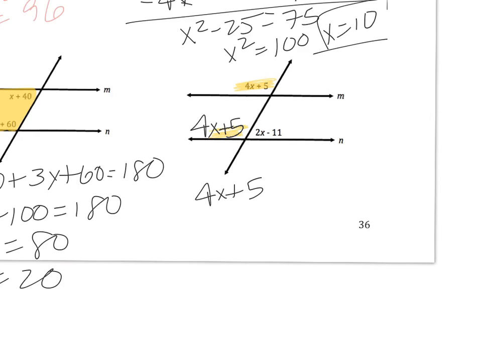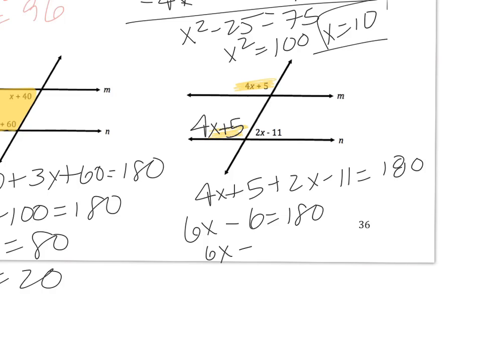So 4x plus 5 plus 2x minus 11 equals 180. This gives me 6x minus 6 is equal to 180. I would add 6 to both sides, and I get 6x equals 186. And then I would divide by 6, and x is equal to 31.